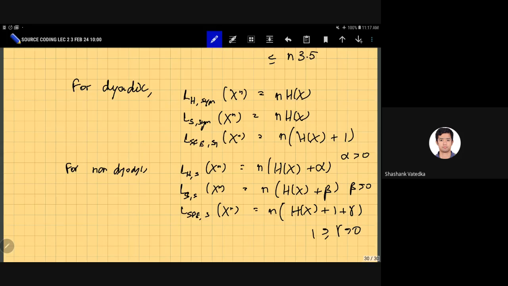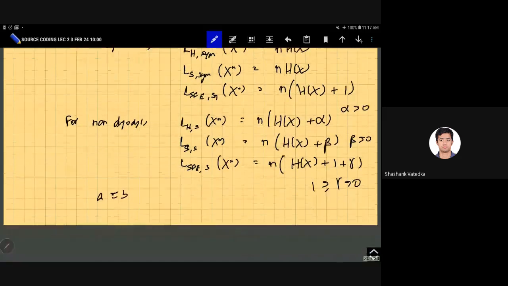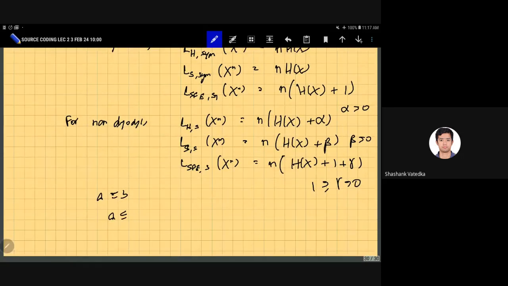If a equals b, then the statement that a is less than or equal to b is also true. So a equal to b implies that a is less than or equal to b. It's written that it is less than or equal to.